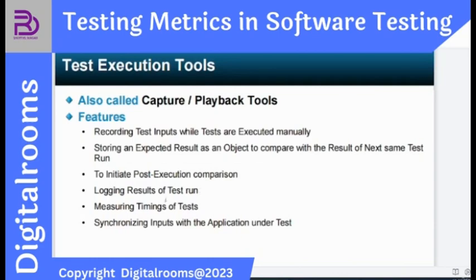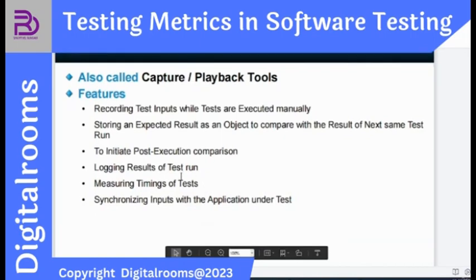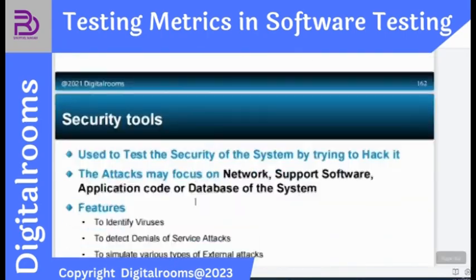Logging results of the test run, measuring timing of the test, how much time it took, when it was tested and when it was retested. Synchronizing input in the application under test. Okay, synchronizing input, it means what? Basically we will include all kinds of information that is required to execute those test cases.